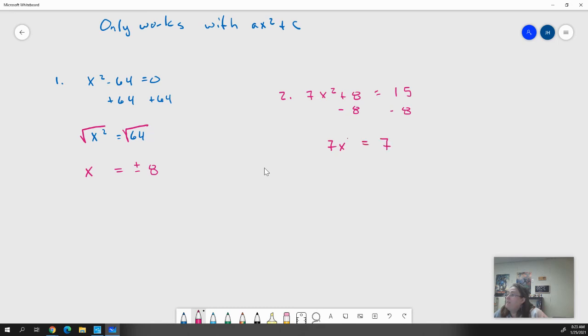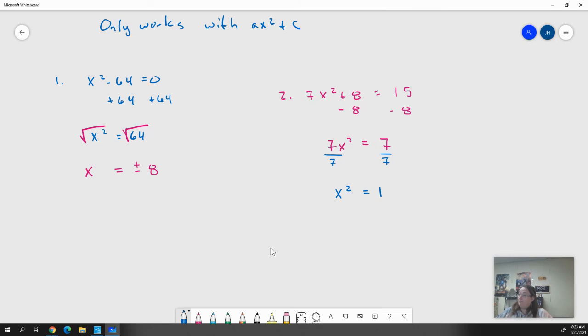But technically, my x squared still isn't isolated, right? Because it's got that 7 multiplied to it. So I'm going to go ahead and divide both sides by 7. Now I'm going to get x squared equals 1. 7 over 7 is just 1. Now we've isolated the x squared, which was what we were asked to do first.